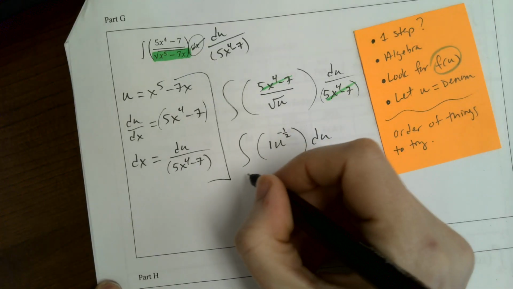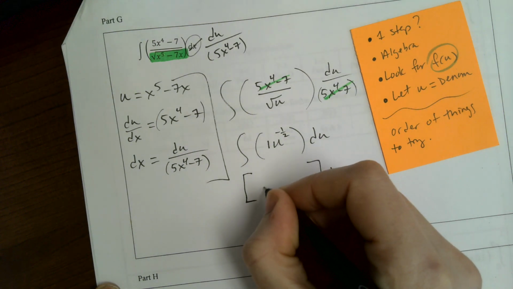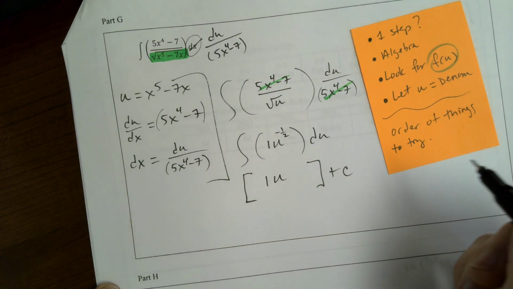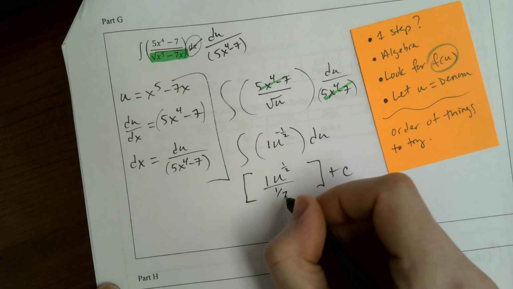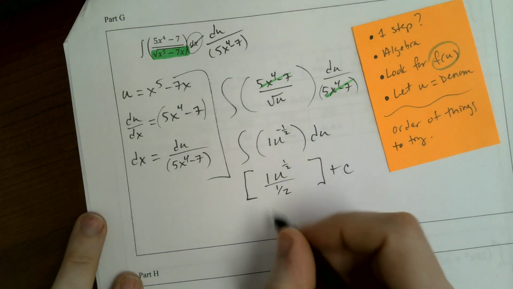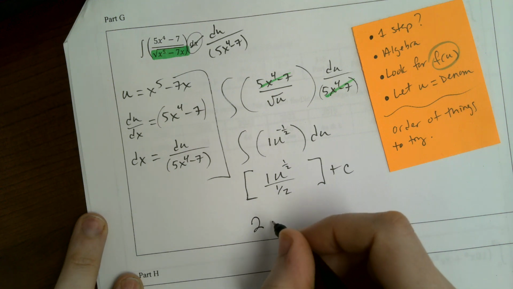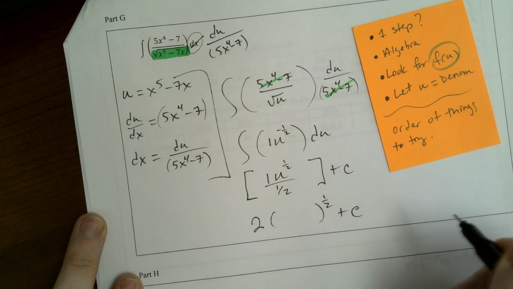Yes, it is. So brackets plus c. So 1 times u, now we're adding 1, so to the positive 1/2 divided by 1/2. So keep, change, flip. So this is 2. I'm going to put the u back in. u to the 1/2 plus c.